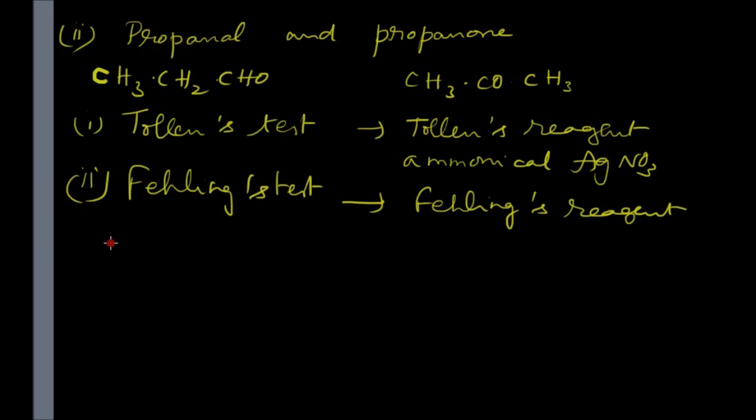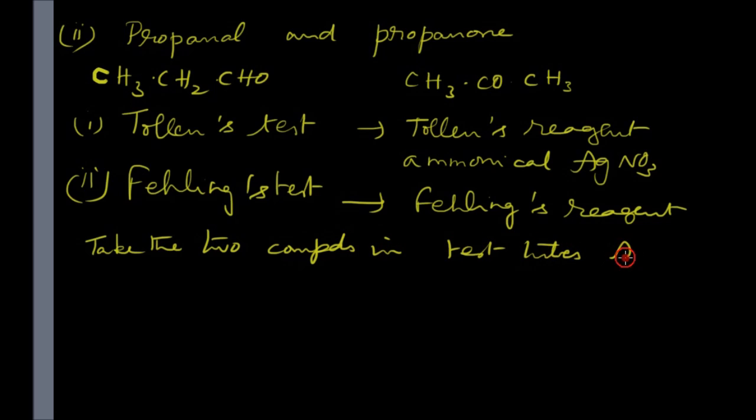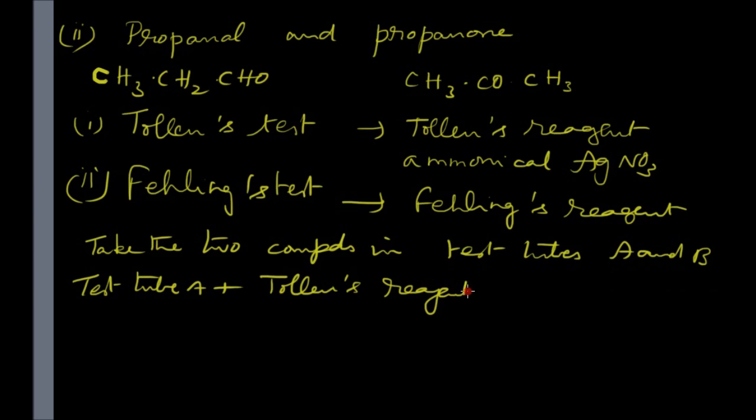Now, how to perform the test? You take the two organic compounds in two test tubes labeled A and B. Now, to test tube A, when you add Tollens reagent and heat it in a water bath, what do you observe?